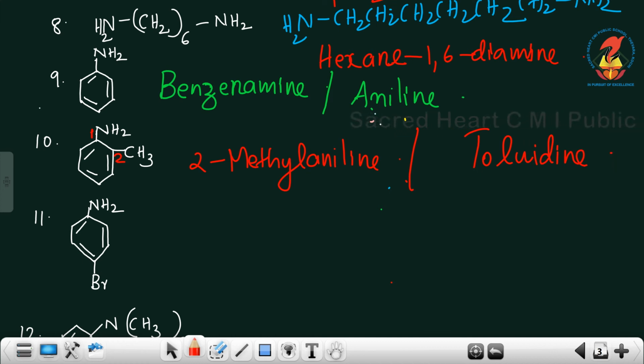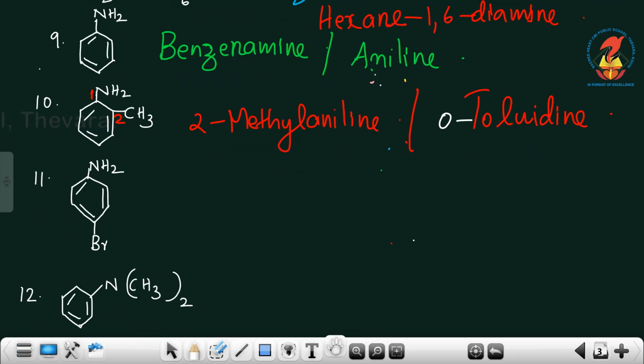Toluidine is a very common term we will be using in the coming reactions. So if the methyl group is at the ortho position, it will be named orthotoluidine.